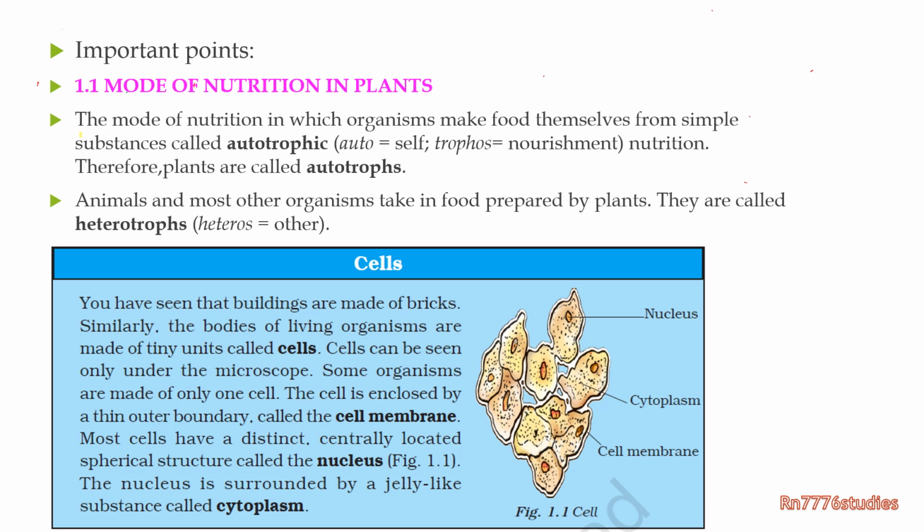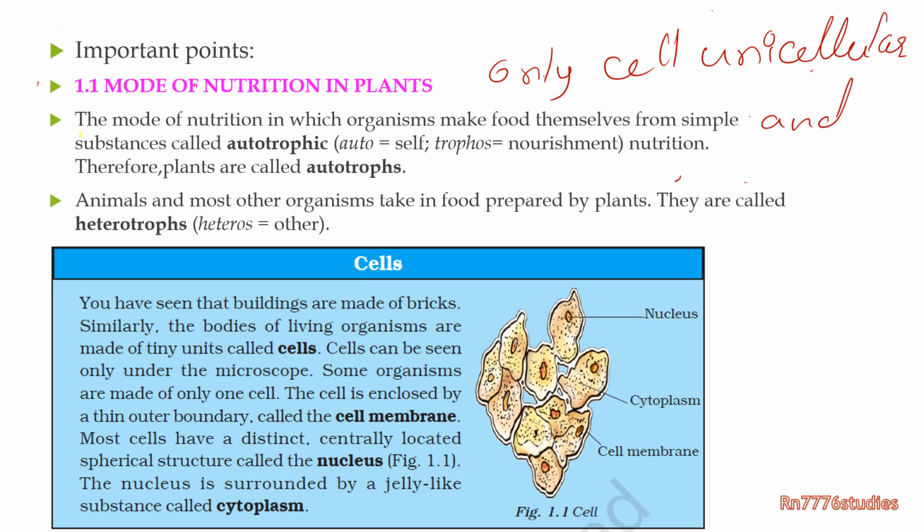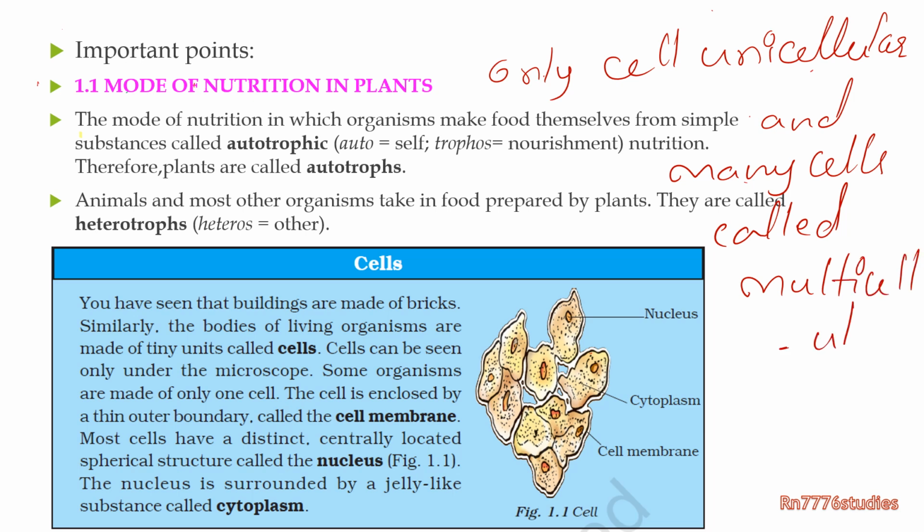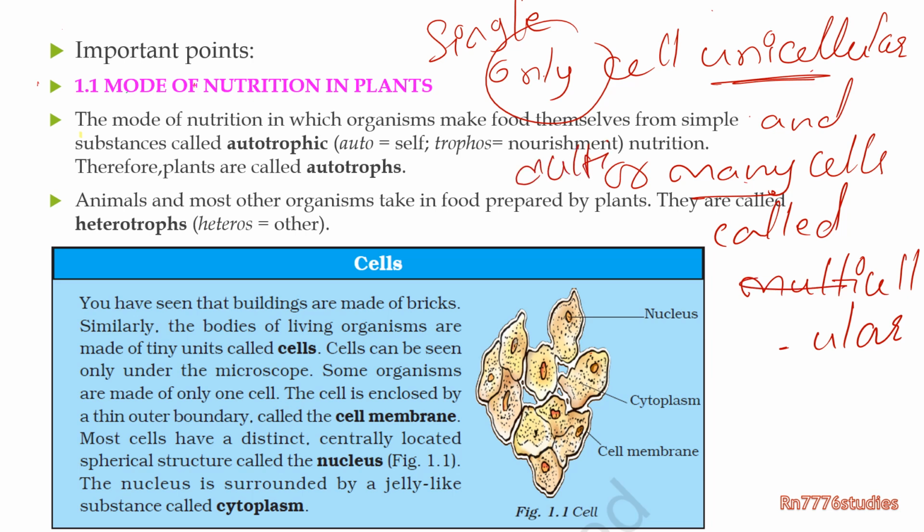Some organisms are made up of only one cell, which is called unicellular, and many cells is called multicellular. Single, that is uni, whereas many, or multi, is called multicellular.